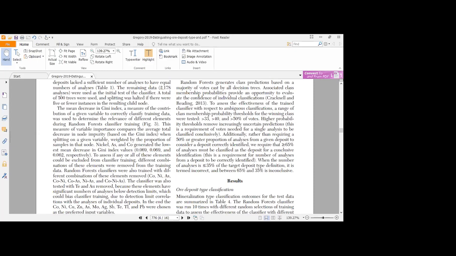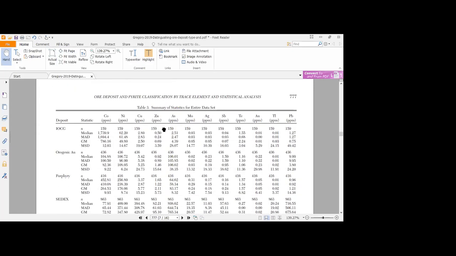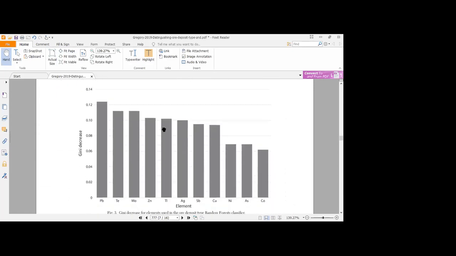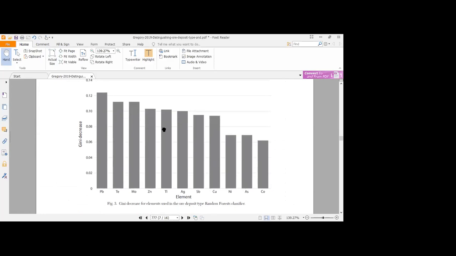So Arka, could you turn to that page? Yeah, sure. Yes, they have given that graph over there. This is the Gini decrease with the elements, but it's more like an important feature.